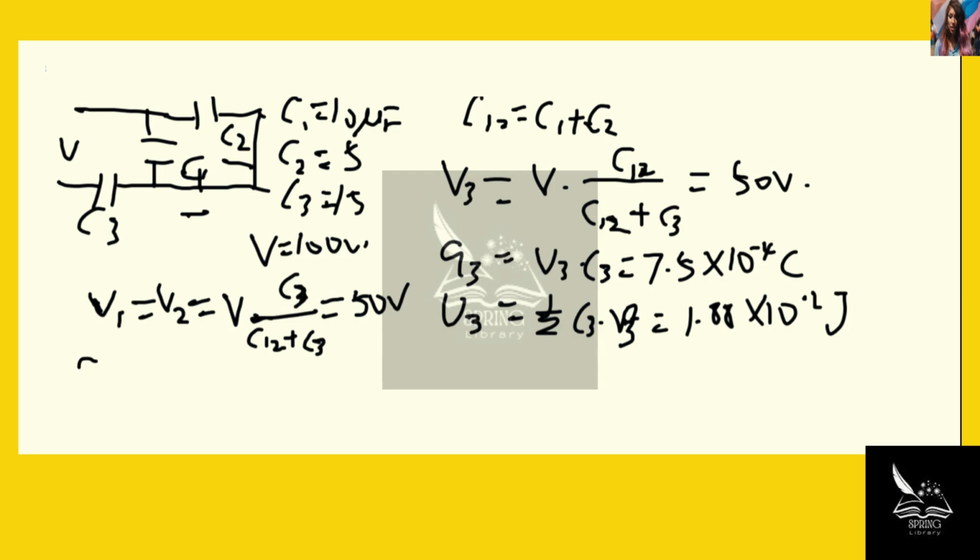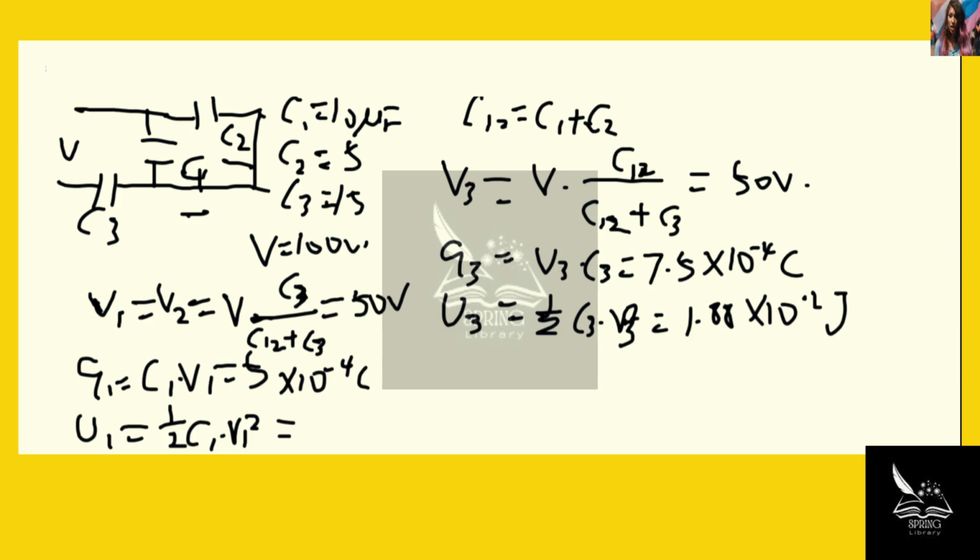And you can find Q1 equal to C1 times V1, so this value is 5 times 10 to the negative 4 coulombs. And U1, which is the energy stored in C1, is half C1 times V1 squared. So the value is 1.25 times 10 to the negative 2 joules.